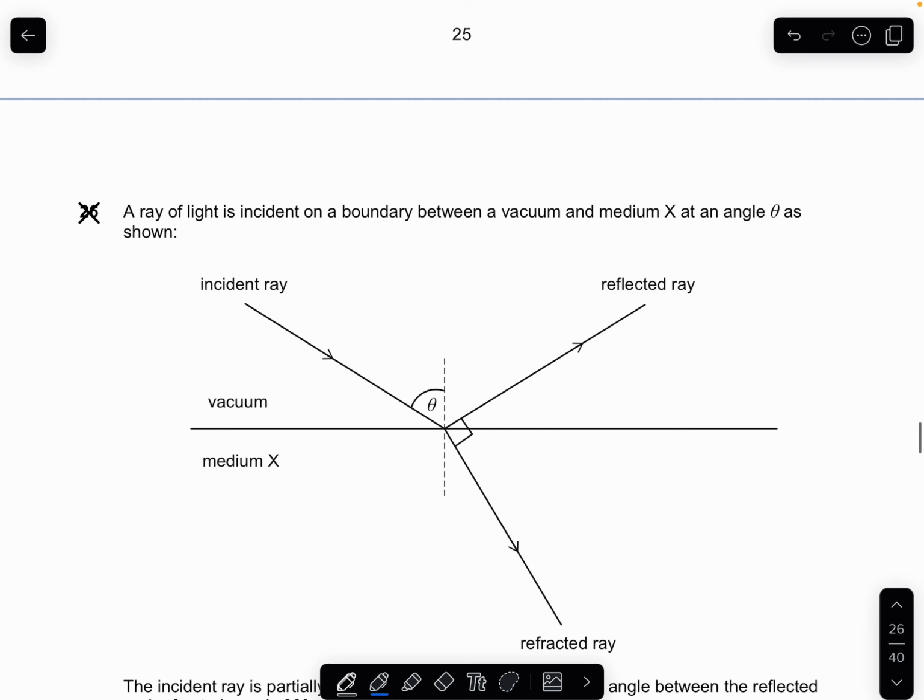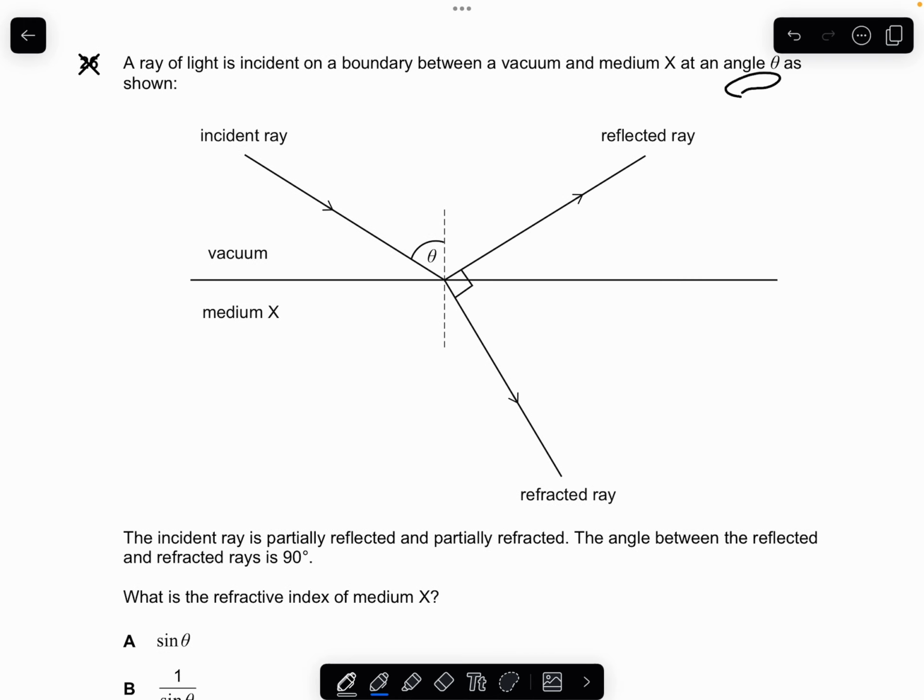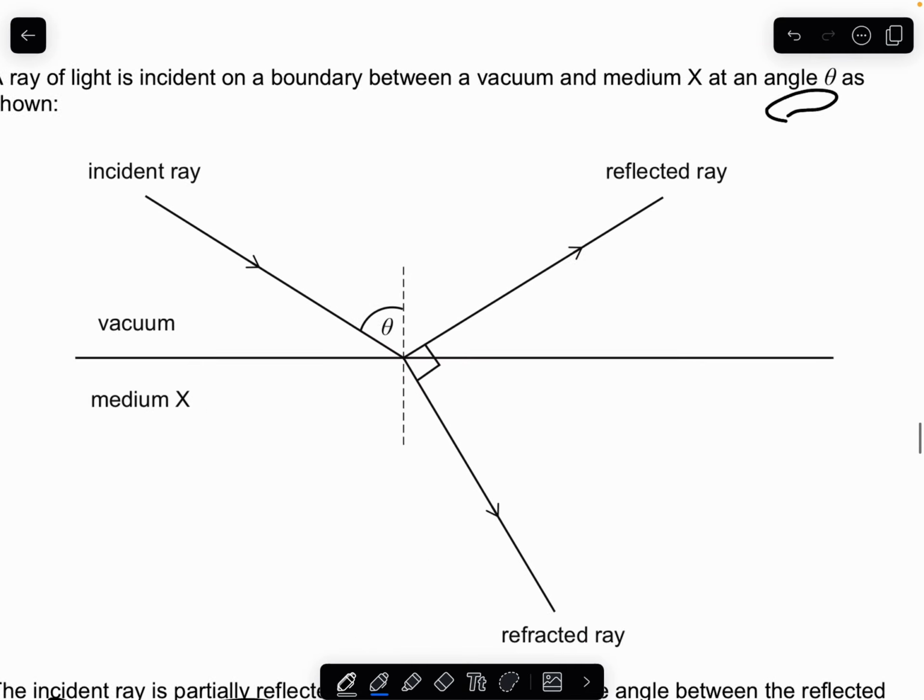Okay. Ray of light. The incident ray is partially reflected and partially refracted. This is 90 degrees.